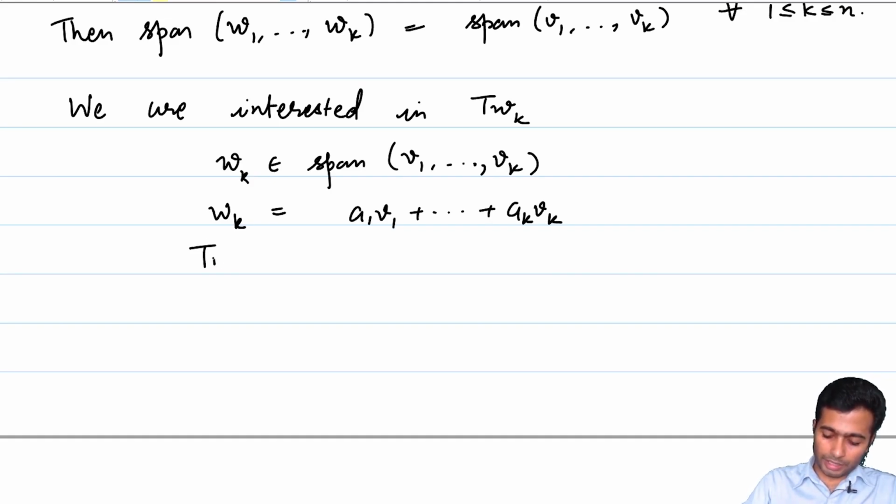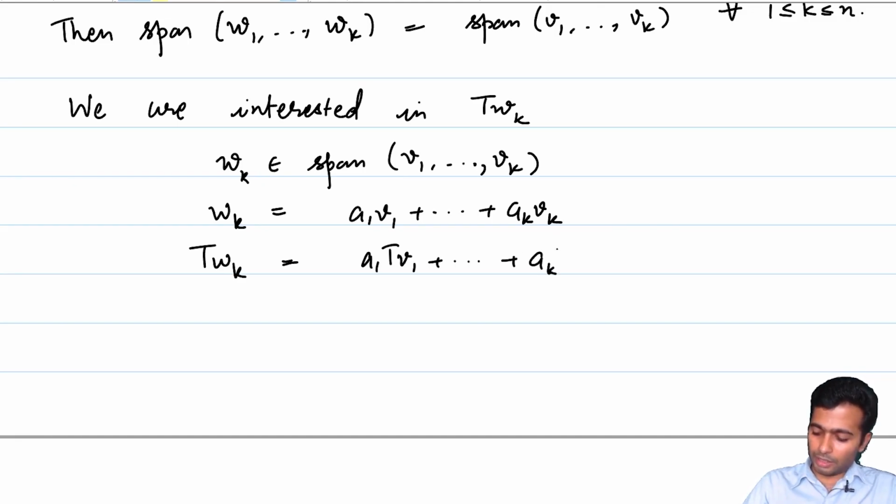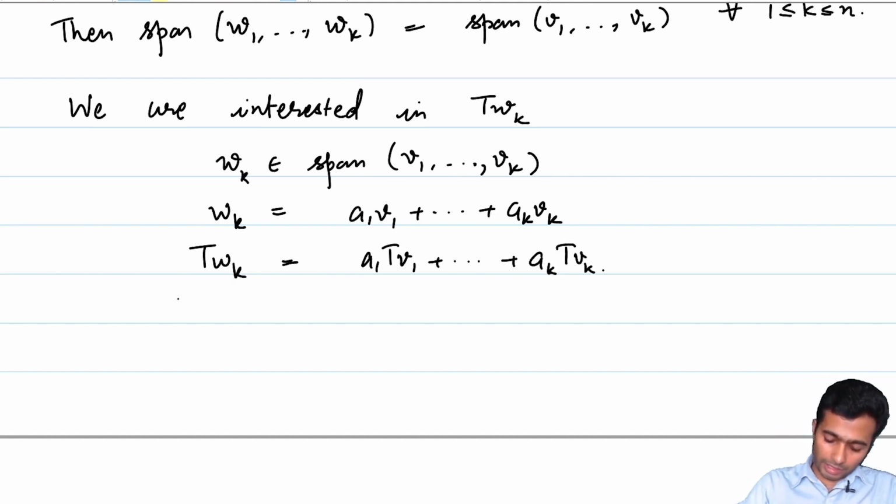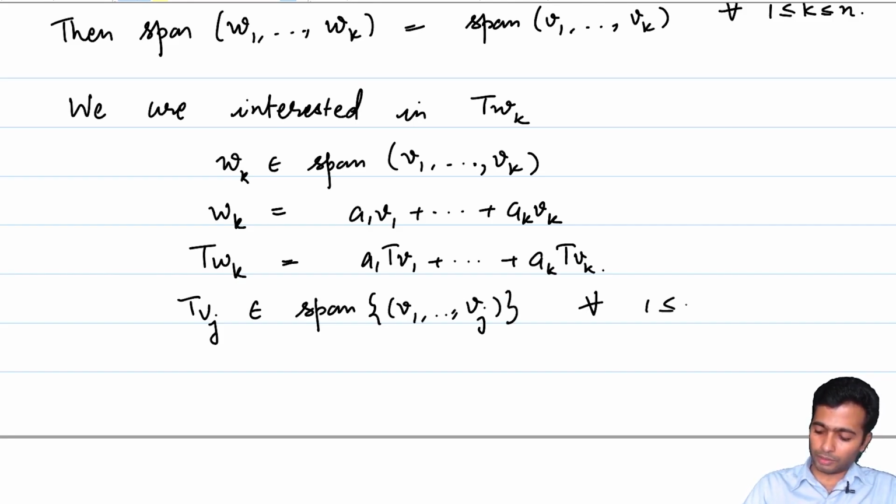If you look at TWk, this is just going to be equal to a1 TV1 plus up to ak TVk. But each of these TVj belongs to the span of V1 to Vj for all 1 less than or equal to j less than or equal to k.